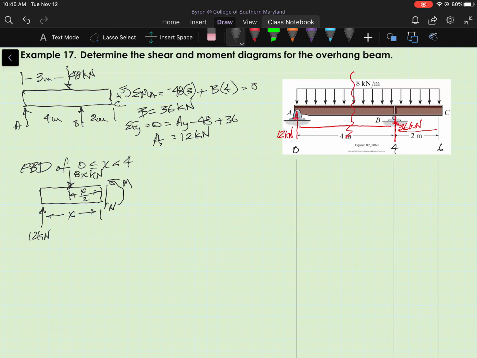Okay, so now I can sum forces in the y direction for this segment.